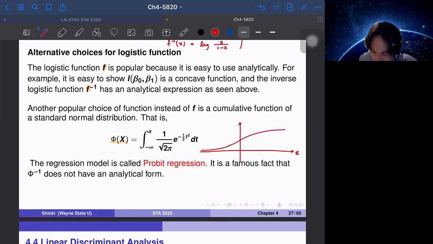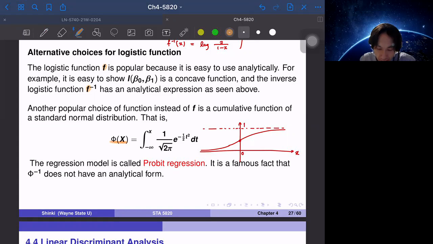So this function is naturally a cumulative distribution function, and the most popular cumulative distribution function is the normal CDF. So it's pretty natural that we use this function.